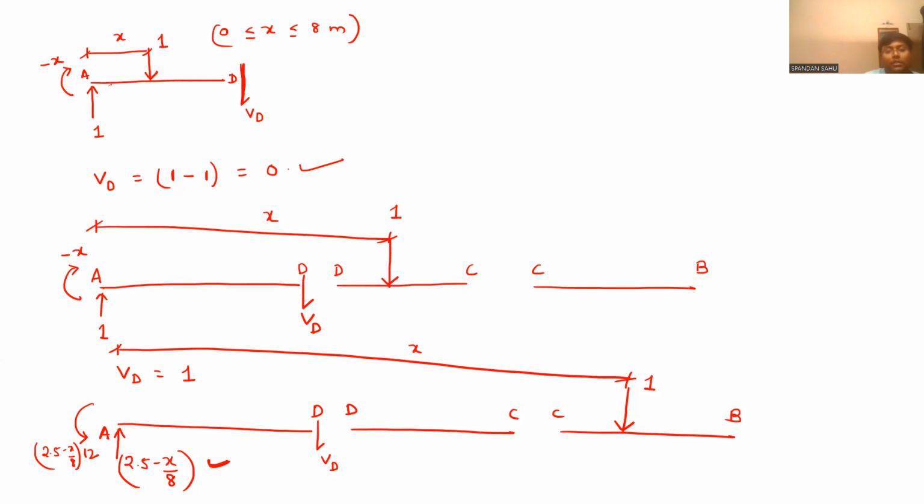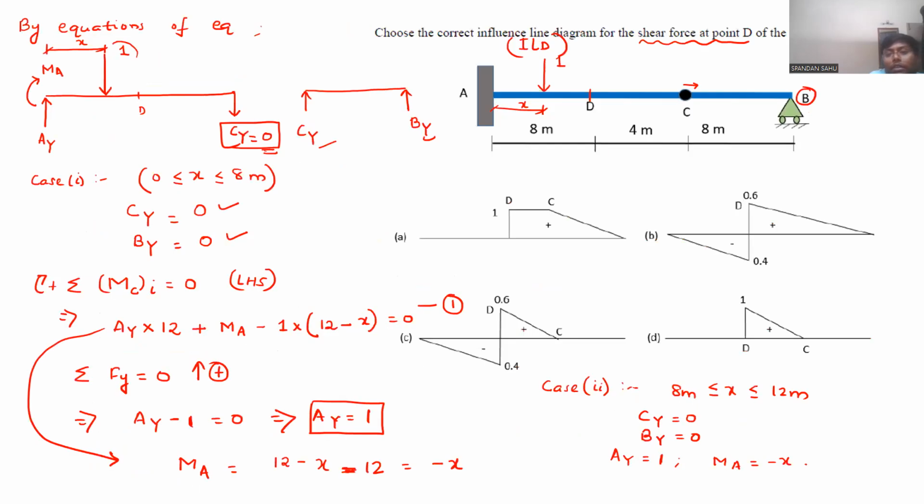Now we have done everything. We have to just accumulate all this information and draw the shear force diagram. Draw the ILD for shear force at point D. I am drawing the ILD here. How were those?